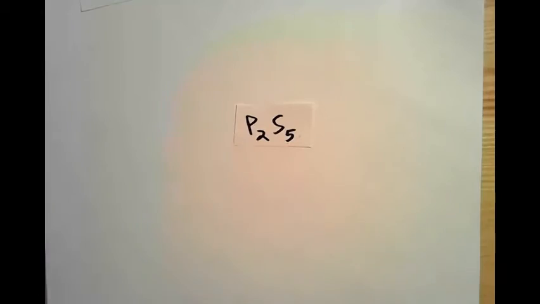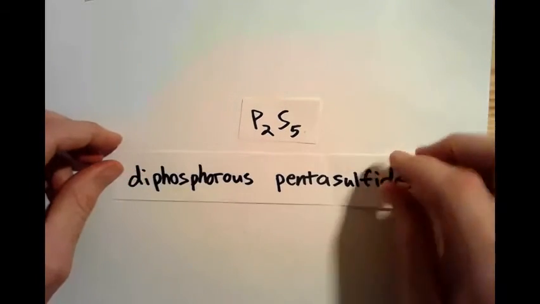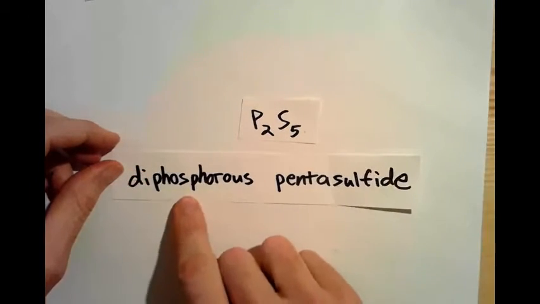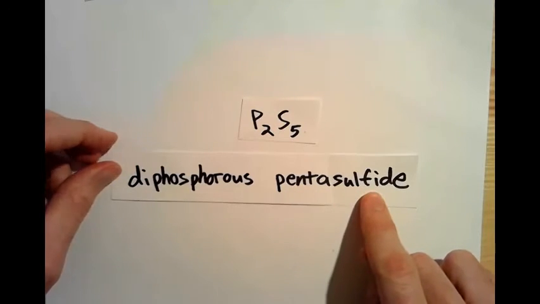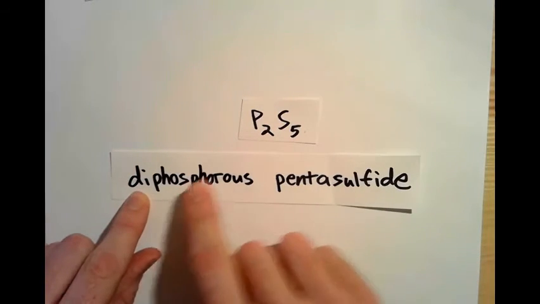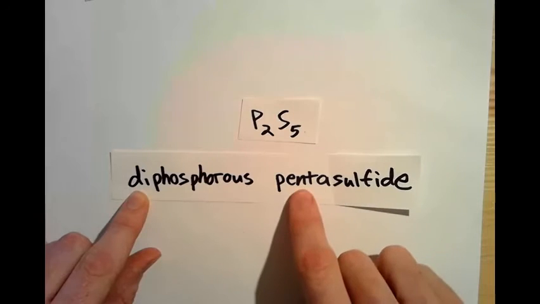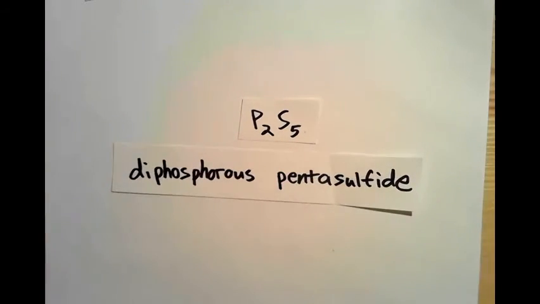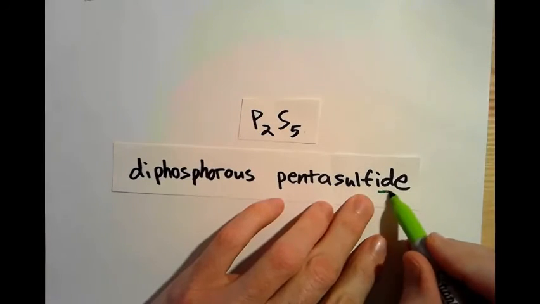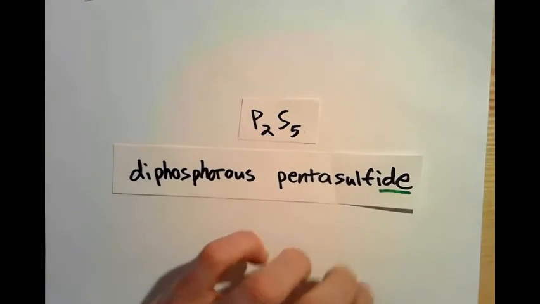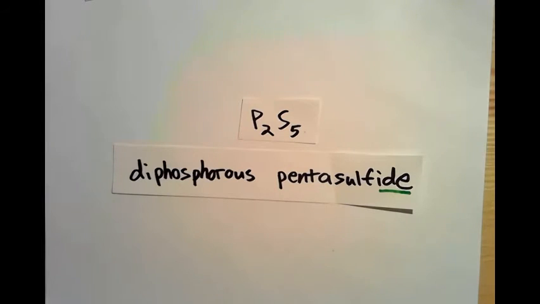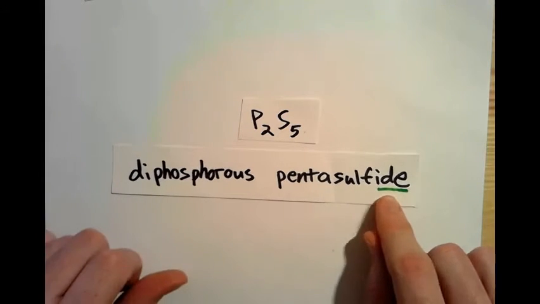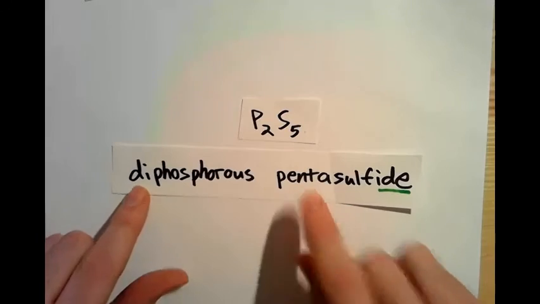So I'll use the Greek prefix and call it diphosphorus pentasulfide. Di meaning 2 phosphorus, and penta meaning 5. I also changed the ending to -ide. That will always happen, and we'll always use the Greek prefix.